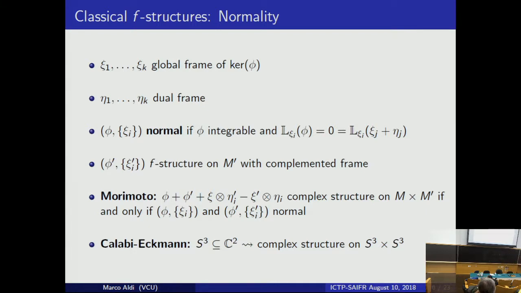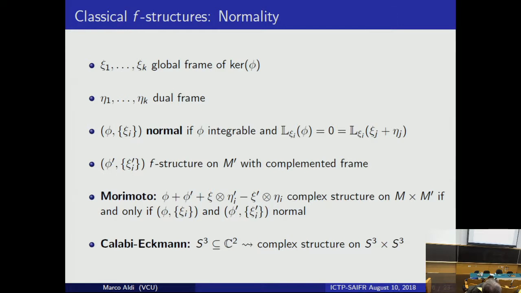And now suppose that we are in a situation where the kernel of phi admits a global frame, a trivialization by a global frame. And let's denote a basis of this frame xi 1, ..., xi k. And then you have the dual frame, eta 1, ..., eta k.